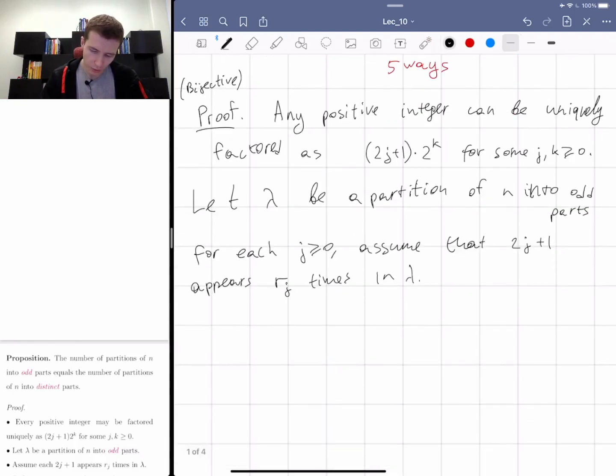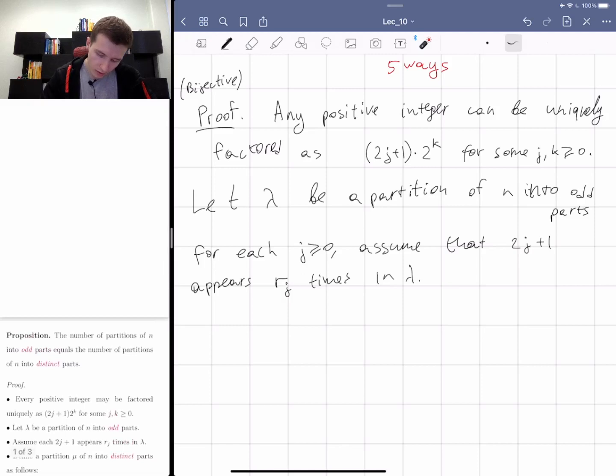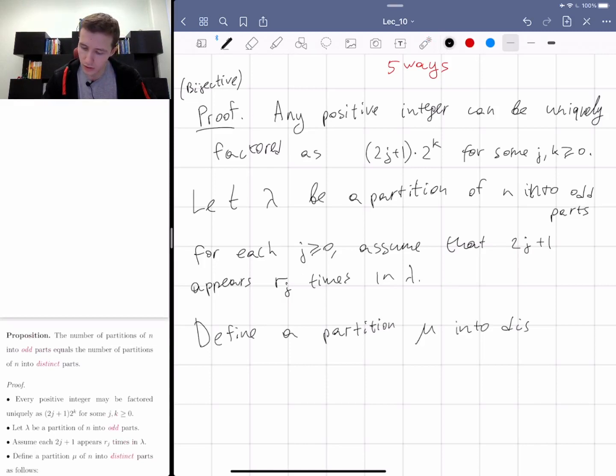And then what I'm going to do is construct a partition into distinct parts using these data. So the goal is to define a partition mu into distinct parts as follows.